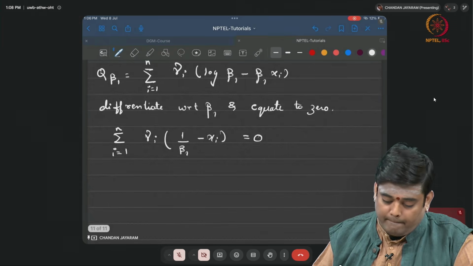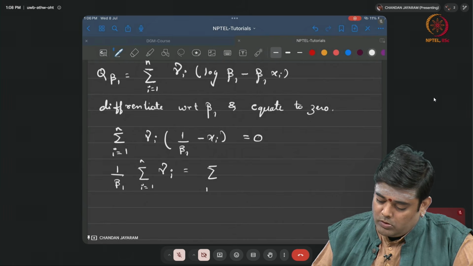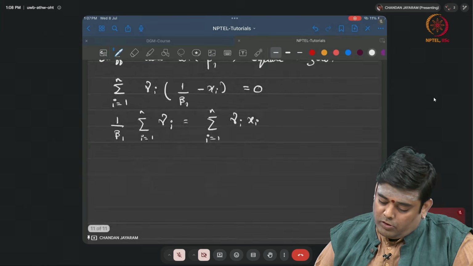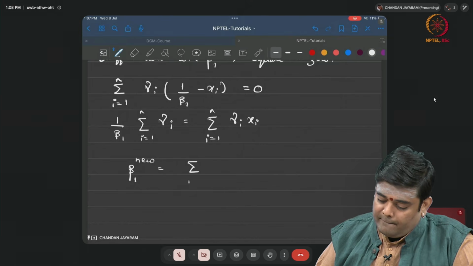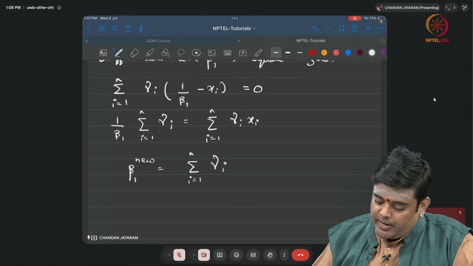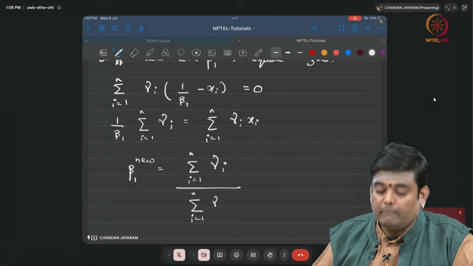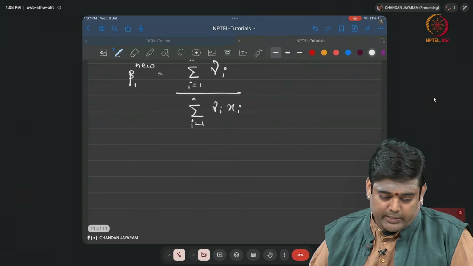Now this will be 1 over beta 1 times summation i equals 1 to n of the coefficient, equal to summation i equals 1 to n of the coefficient times xi. Therefore the new beta 1 will be the ratio of these summations. This is how beta 1 new will look.